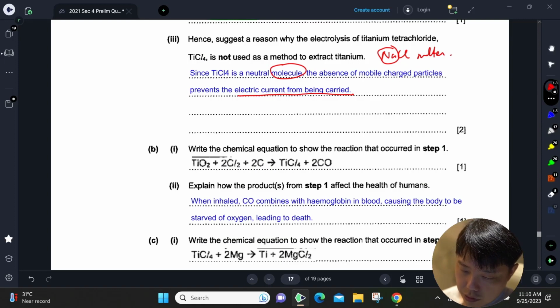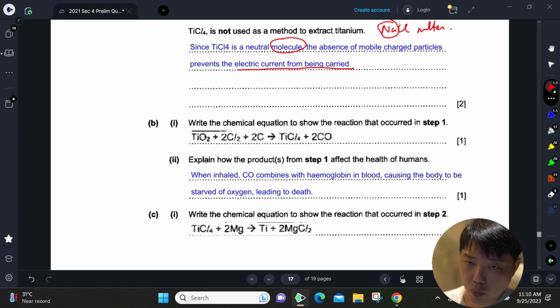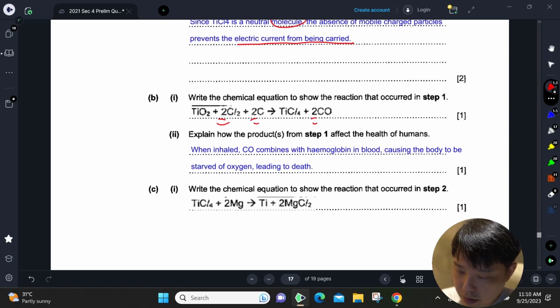B part 1 wants you to write the chemical equation to show the reaction that occurs in step 1. This one I won't be explaining here. All you need to do is balance the atoms on both sides. Explain how the product of step 1 affects the health of humans.